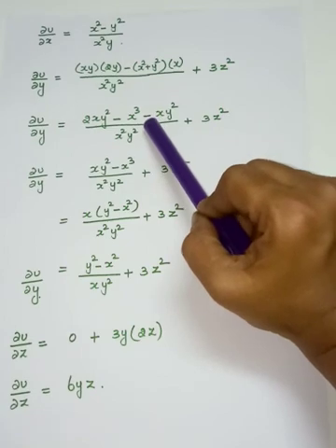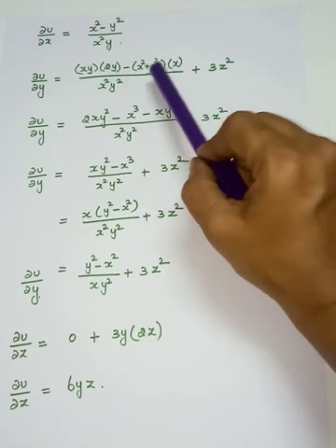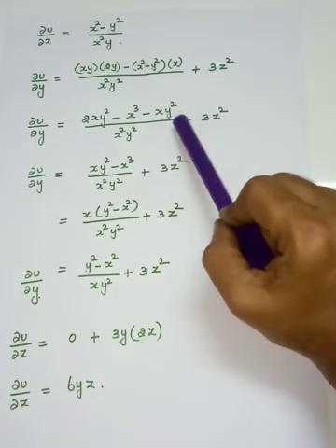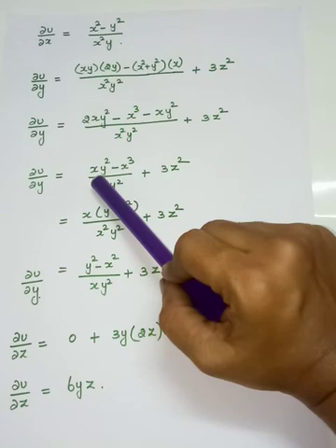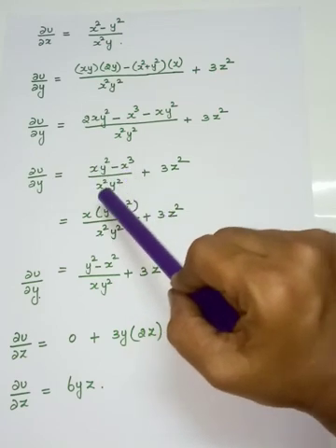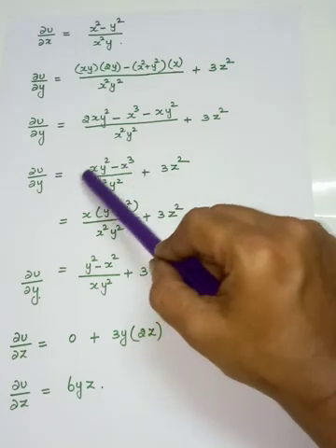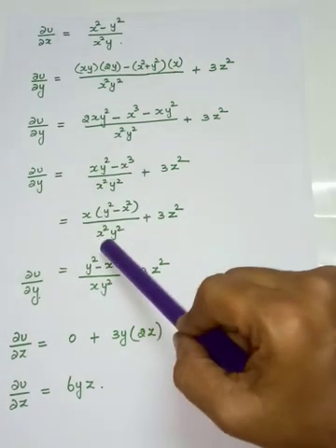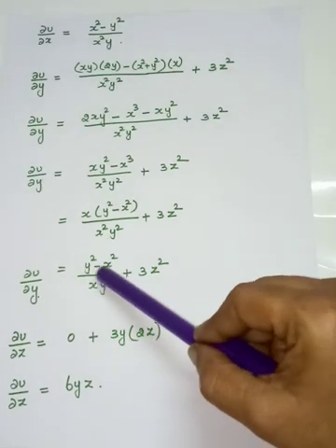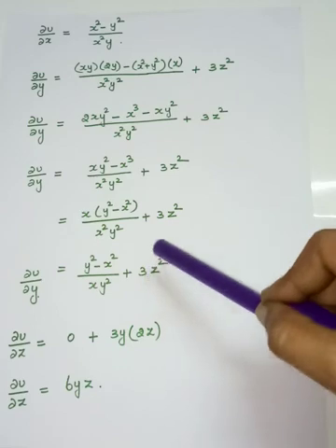Here the minus has come, in between minus is common to both the terms. So it is xy squared. So the first term and the last term, if you simplify, your answer is xy squared minus x cube divided by x squared y squared, plus 3z squared. From the numerator x is taken out, that x is cancelled with the denominator x squared. So y squared minus x squared divided by x y squared, plus 3z squared.